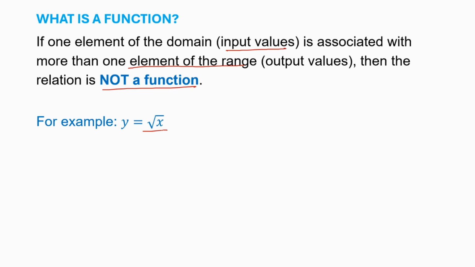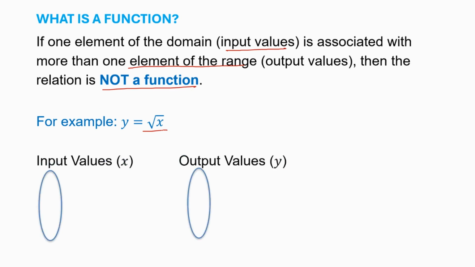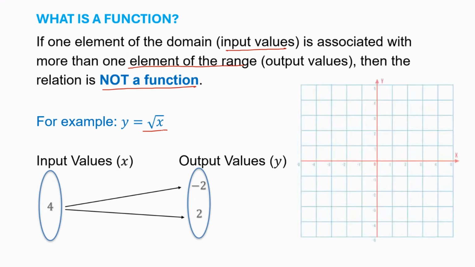For example, what's the square root of 4? The square root of 4 can be -2 or +2. So we have two elements of the range coming from one element of the input. So this is not a function. You can also use the vertical line test. If you draw the vertical line, it cuts the graph twice, and then it's not a function.